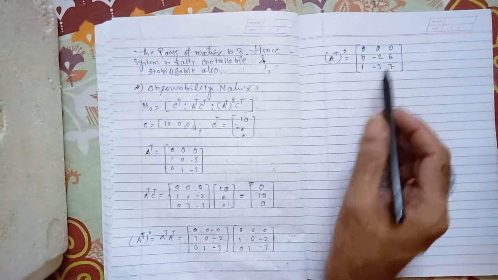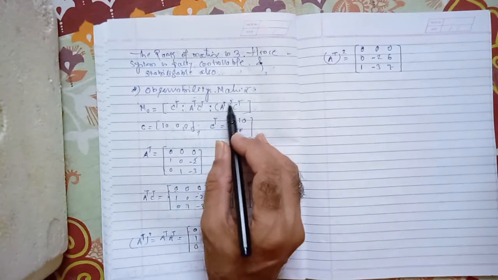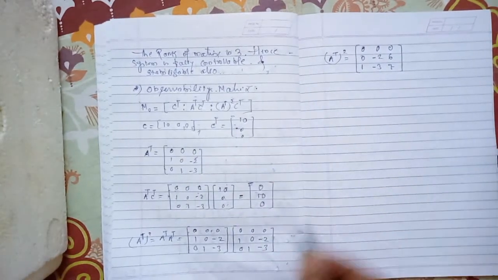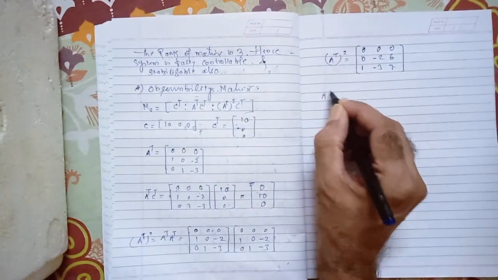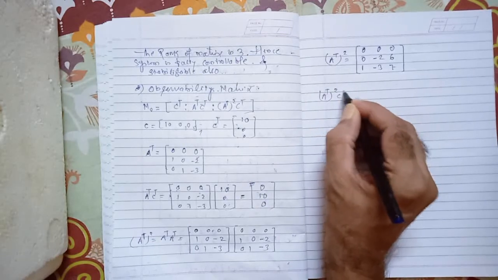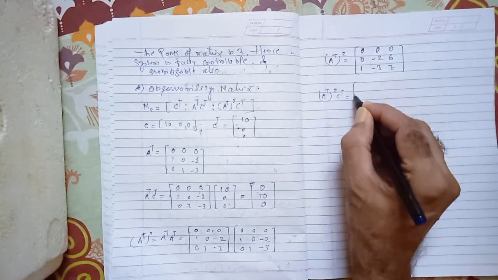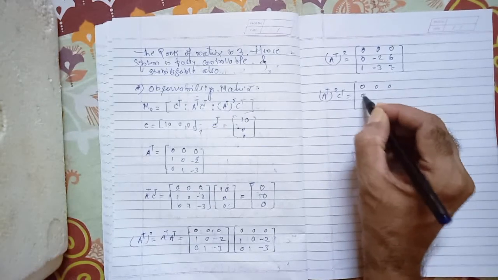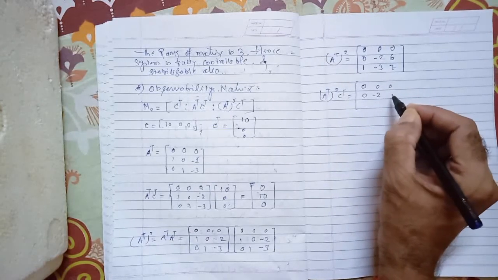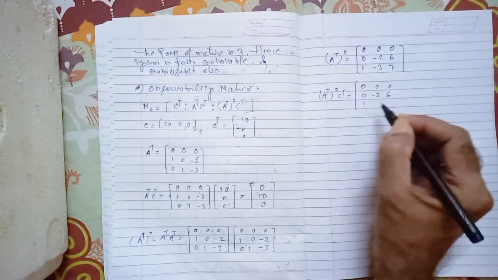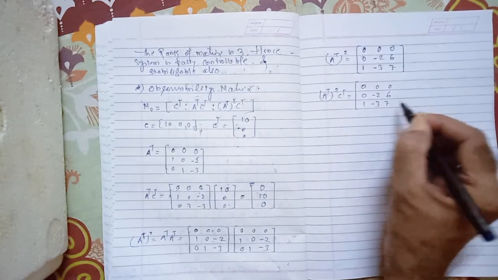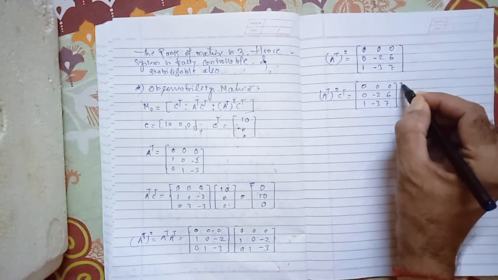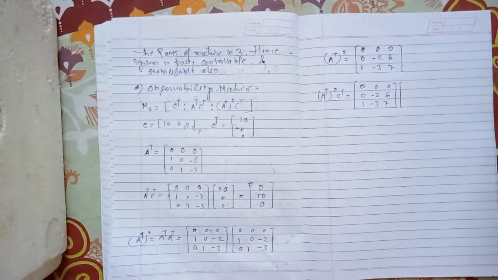Now we know A transpose square. So we have to find out the A transpose square, C transpose. So now we will write down A transpose whole square multiplied by C transpose. It is equals to A transpose, 0 0 0 0 minus 2, and here is 6, 1 minus 3 and 7, multiplied by C transpose.